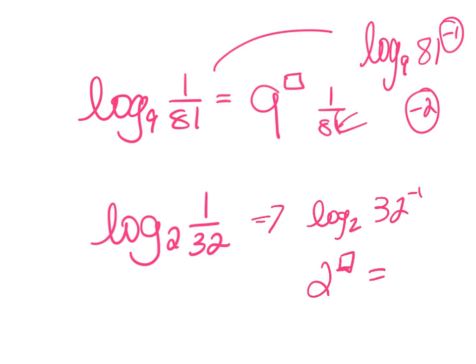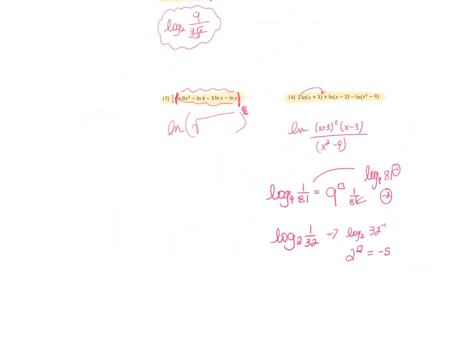Yes. So if I don't want the whole number 32, I want 1 over 32, that's why it becomes negative 5. Do you see that? Okay. And if it had said negative 32, you just change it to 1 over.